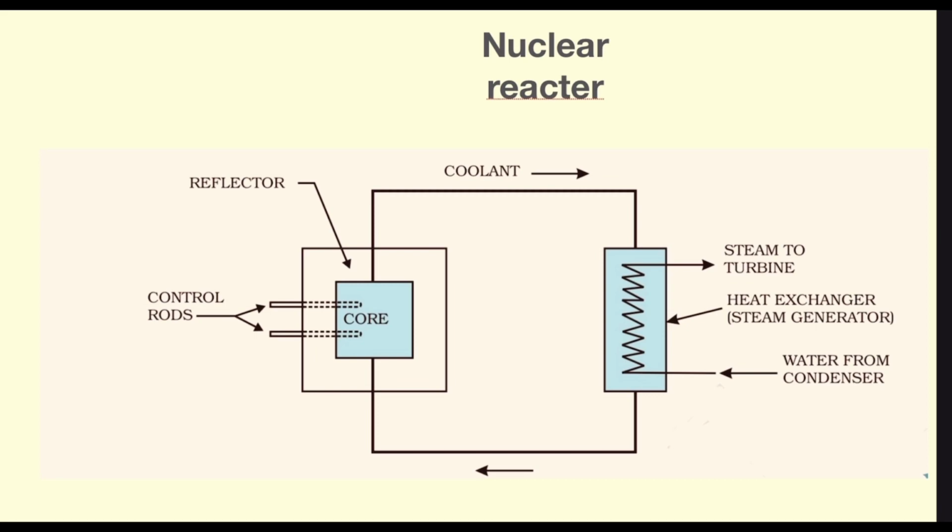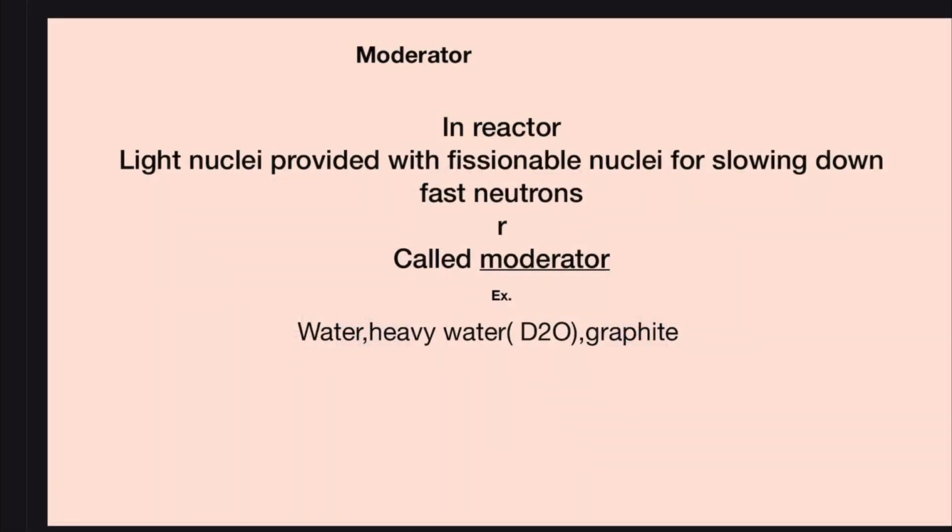Plutonium undergoes fission with slow neutrons. Enriched uranium U-235 is used as fuel.